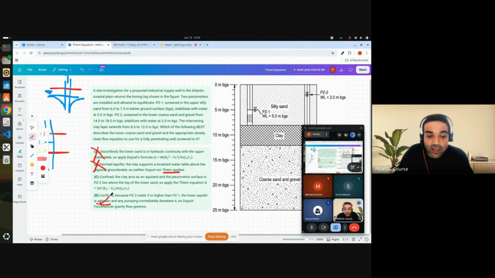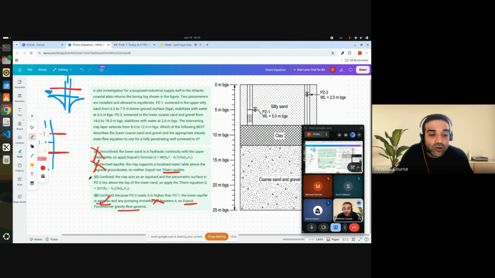That's correct. But then it talks about pumping immediately dewaters it. That's not correct. You can have a confined aquifer and pump it for a long time. So this part is wrong, and it's not gravity flow. We just said it's Artesian, it's not gravity.